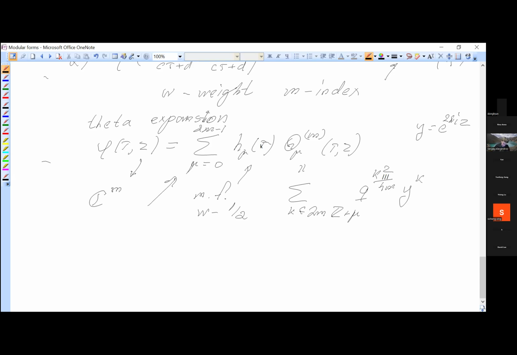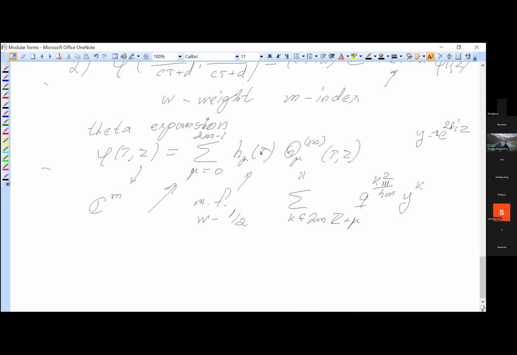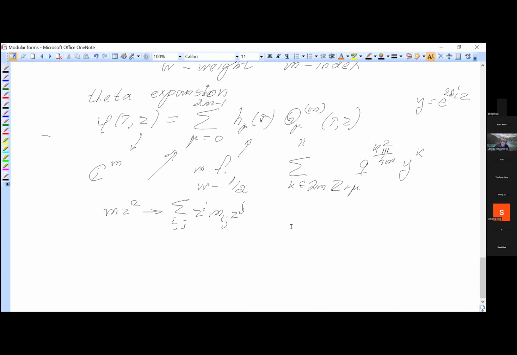Because in this transformation you have things like m z squared, and then you just replace m z squared by, for example, the sum over i j of z_i m_ij z_j. So this is an obvious generalization, and one more generalization which also sometimes appears in applications is the so-called Jacobi-like forms.